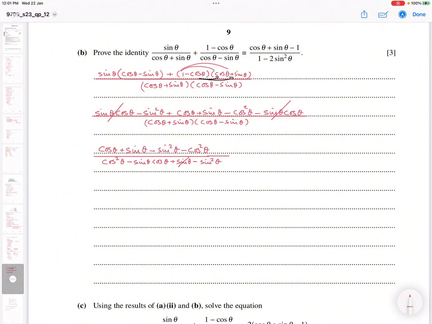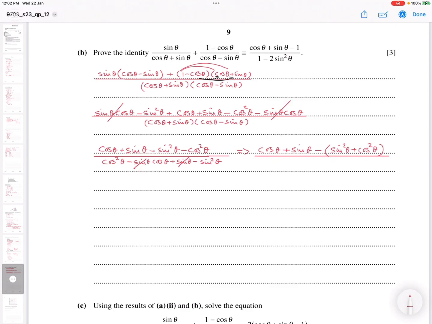So sine theta cos theta and the plus sine theta minus sine theta are cancelled, and in the numerator I can take the minus common, and I can write sine square theta plus cos square theta, so that this side becomes 1.